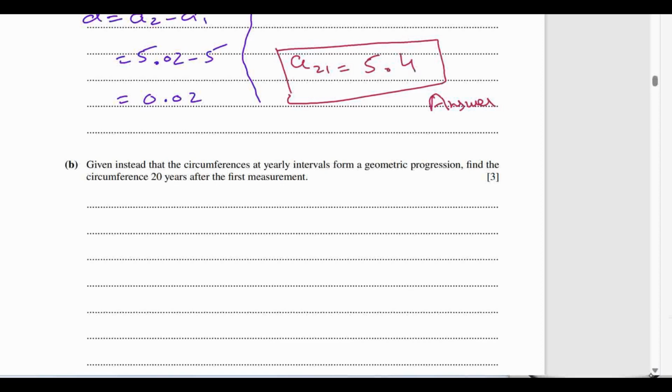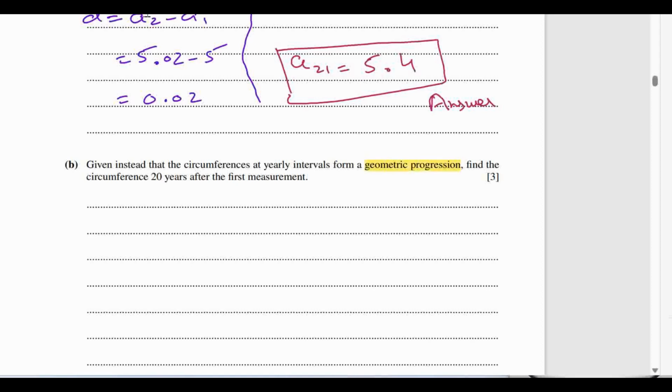Now let's attempt the second part. Given instead the circumference at yearly intervals forms a geometric progression, find the circumference 20 years after the first measurement. Now what does it mean? First of all we can highlight the important point that this is a geometric progression.